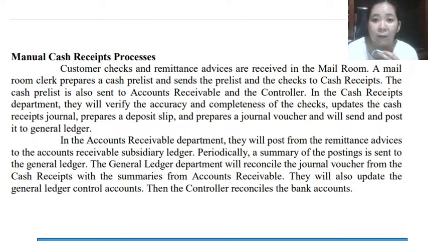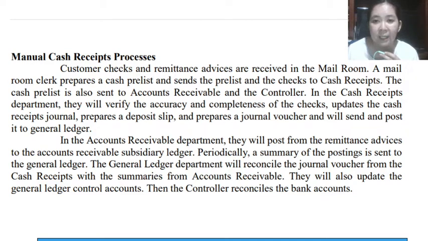Periodically, a summary of the postings is sent to the general ledger. The general ledger department will reconcile the journal voucher from the cash receipts with the summaries from AR. They will also update the general ledger accounts, and then the controller will reconcile the bank accounts.